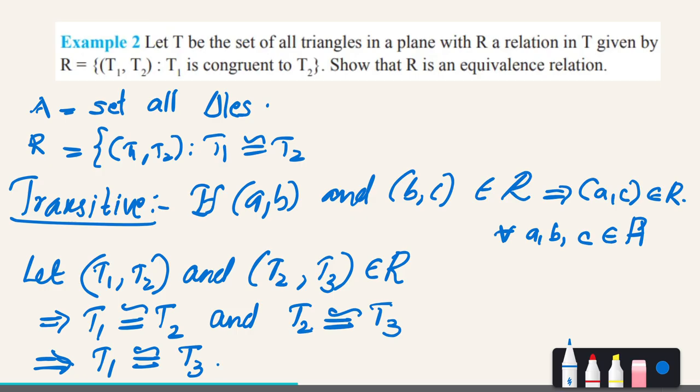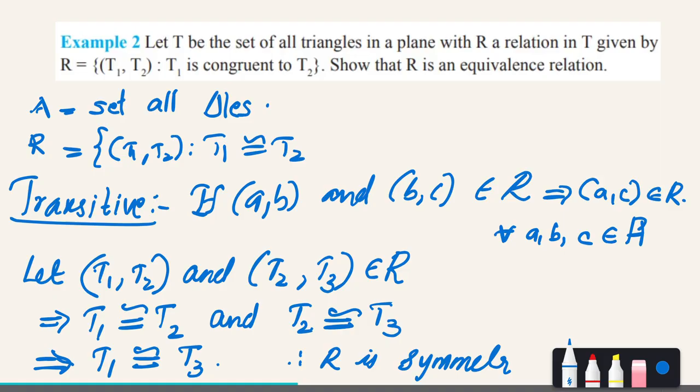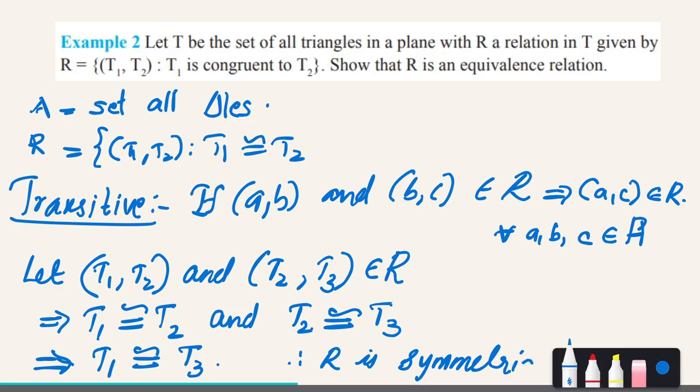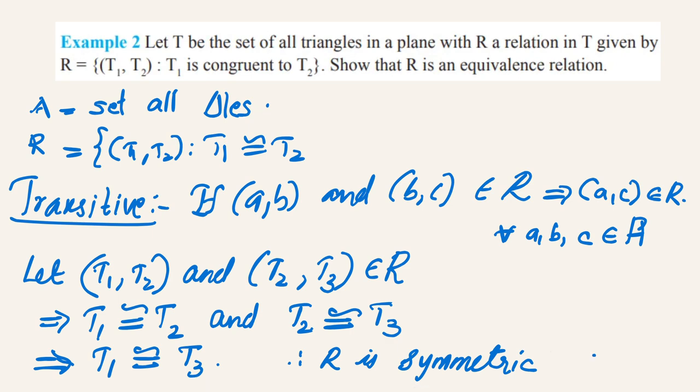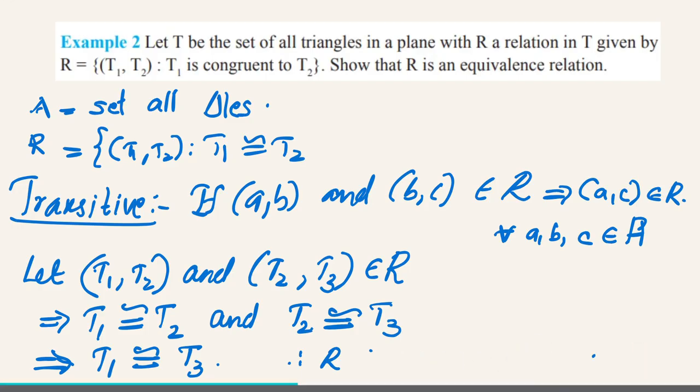Therefore, R is transitive. Okay, dears? So each condition we have to check. I hope it's clear. Since this relation is reflexive, symmetric, and transitive, R is an equivalence relation.